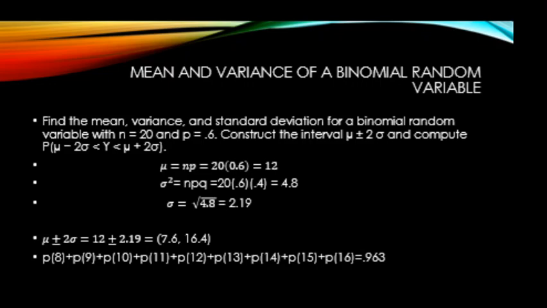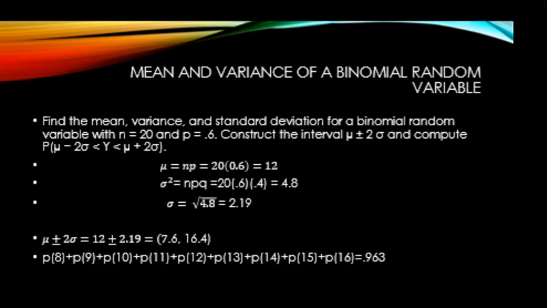Since it's a discrete variable, we don't have probabilities for the fractional values, only at the discrete values. These can be calculated using the probability formula for the binomial distribution. It takes a few calculations, but when you add them all up, it gives you 0.963. So within 2 standard deviations, there is approximately 0.963 of the distribution.